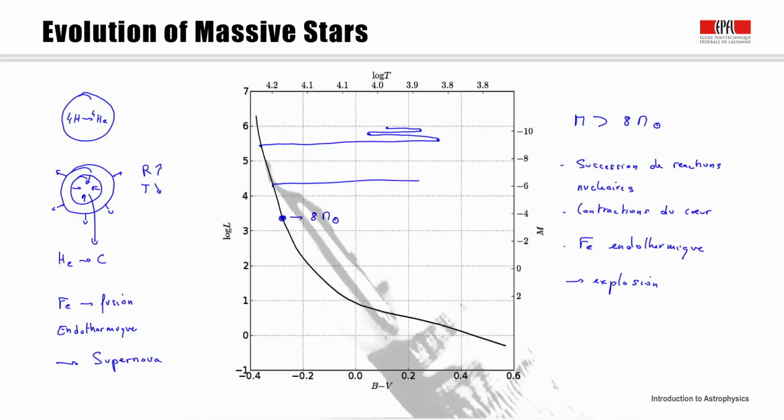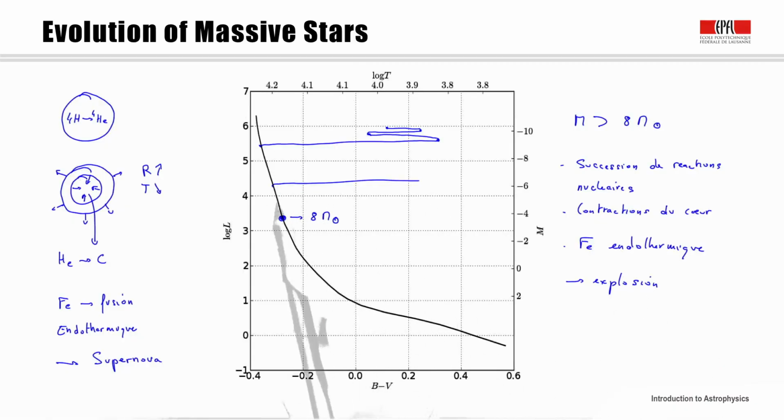Beyond 8 solar masses, all stars follow such a trajectory. They become giants and zigzag. The number of zigzags, namely the number of distinct nuclear reactions, depends on the mass, and we have then an explosion into a Type II supernova. If the star is originally extremely massive, there may remain after the supernova explosion a neutron star or a black hole.